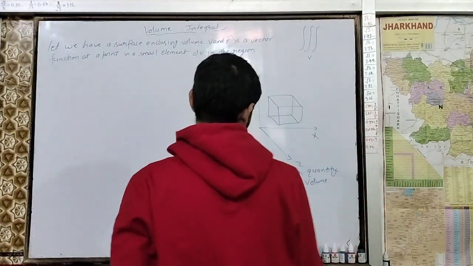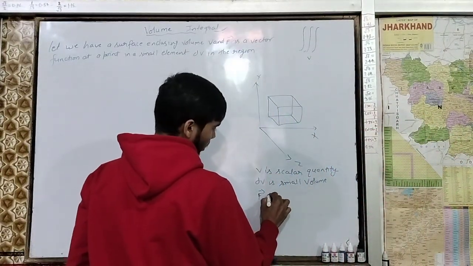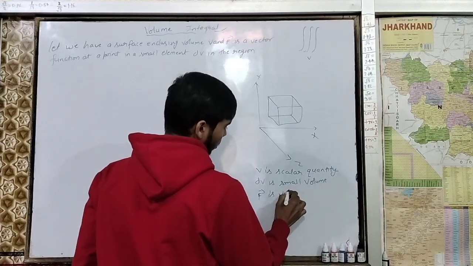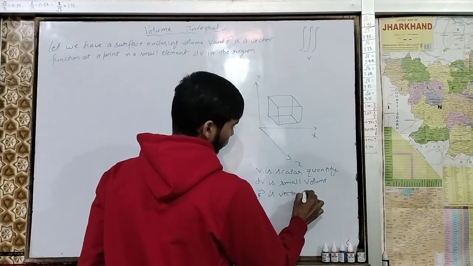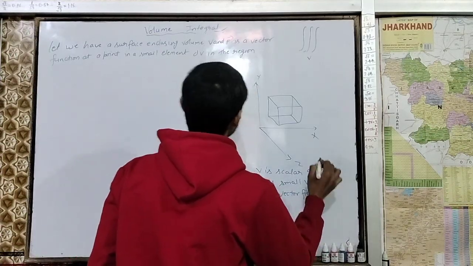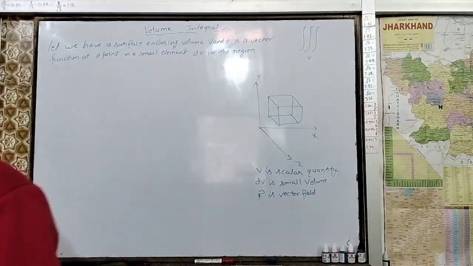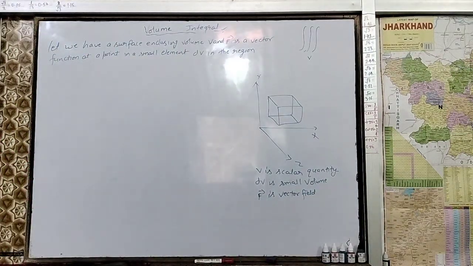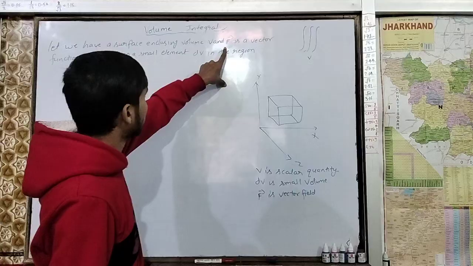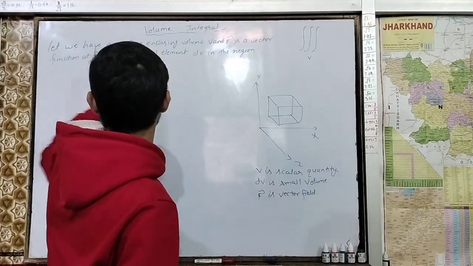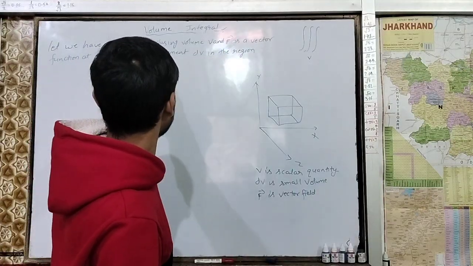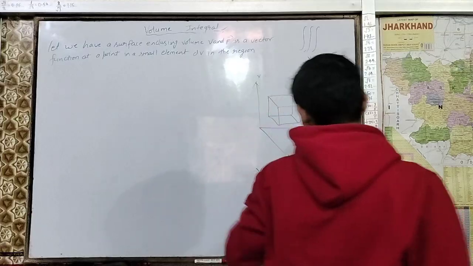Here, this F is a vector field. This F is a vector function at a point in a small element dV.